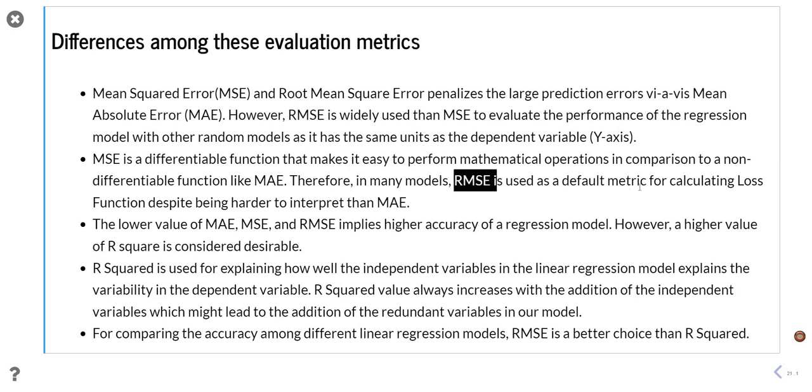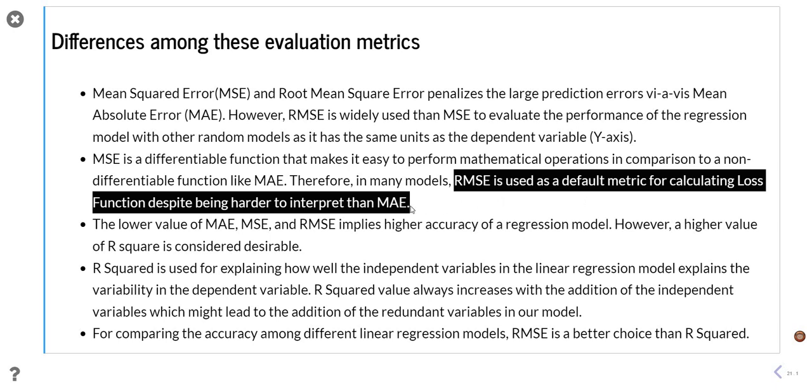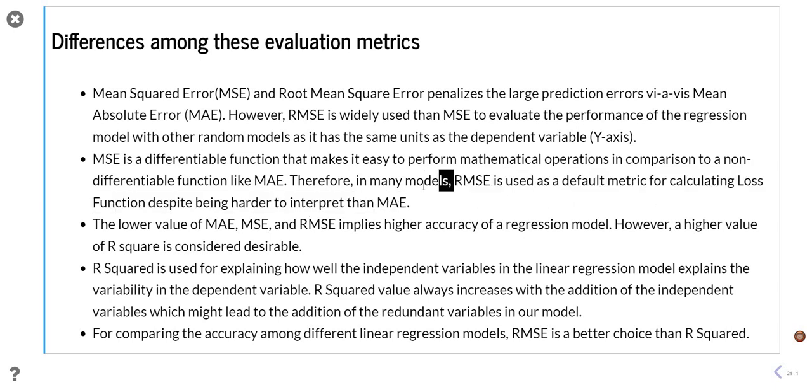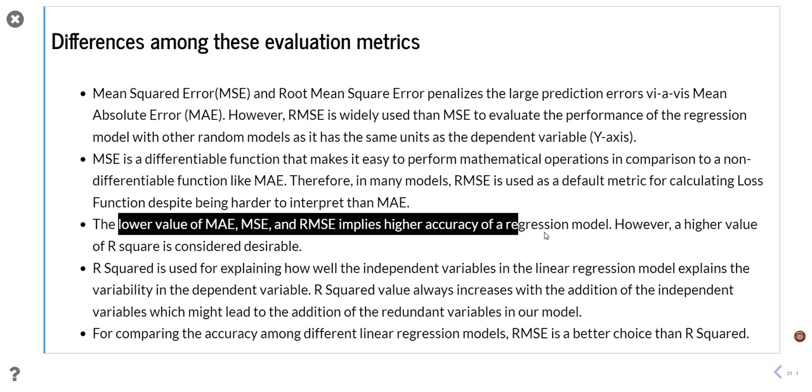RMSE is used as a default metric for calculating the loss function. You can see that most machine learning models use this RMSE value to evaluate. So how do we evaluate? For MAE, MSE and RMSE, higher accuracy means a lower value. The lower the value you get for these three, the better the accuracy of the regression model.